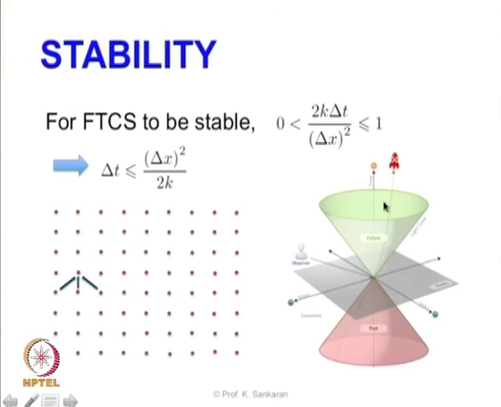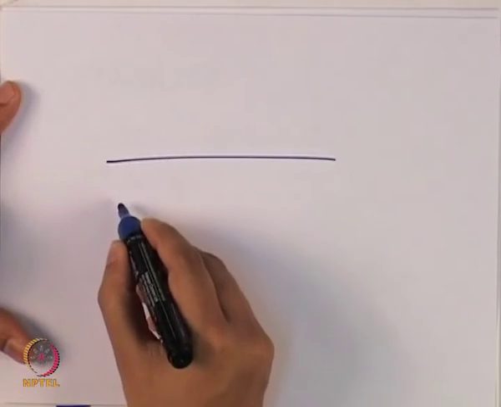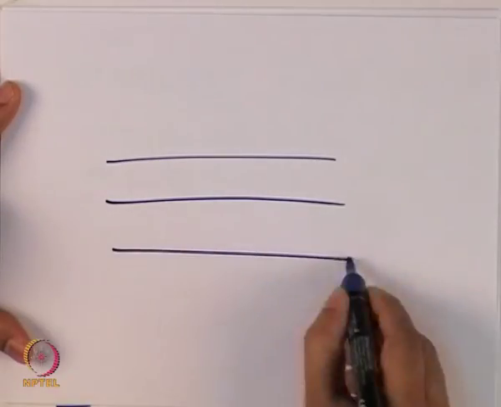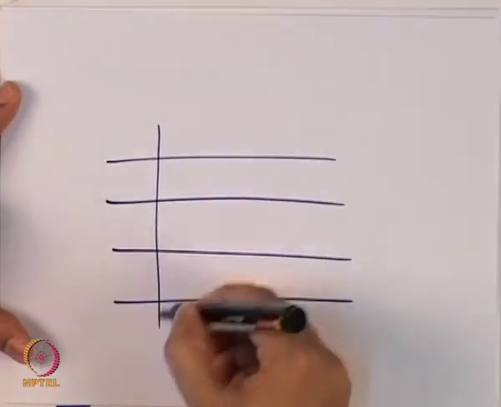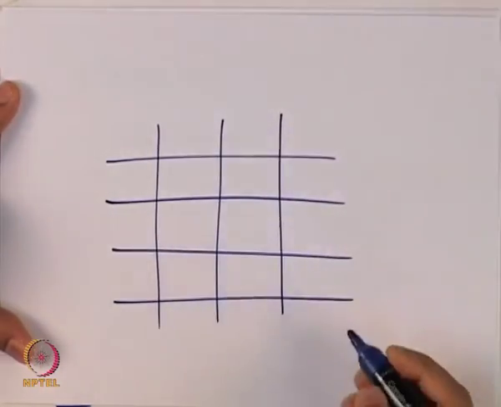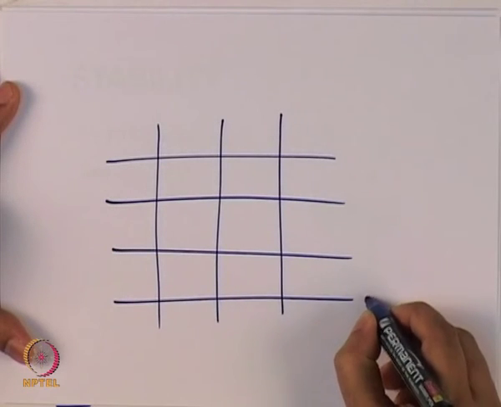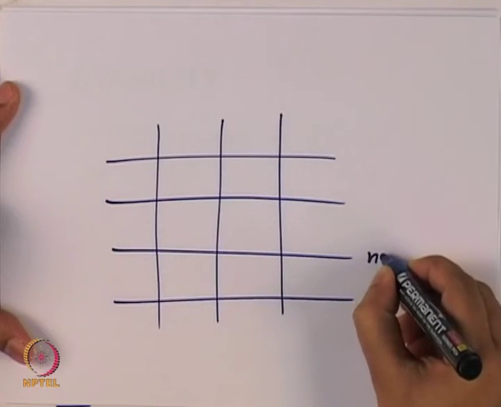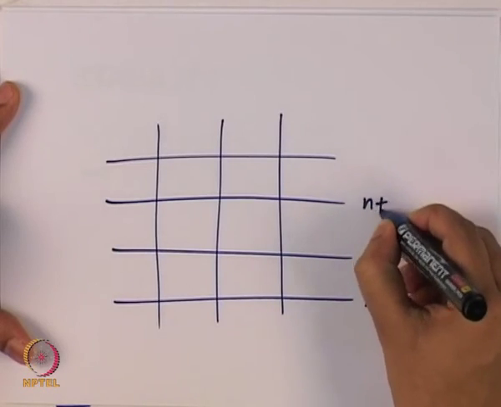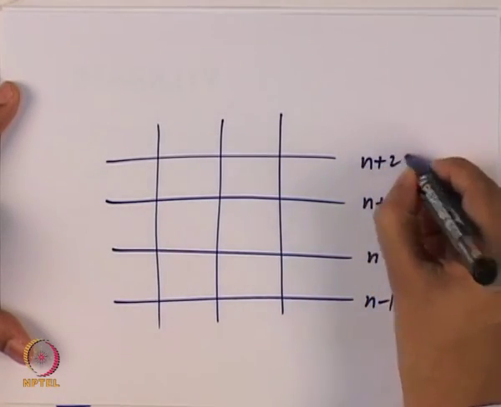So let's look at this in a much more simple form. What I wanted to say here is, you have a grid that is going to be in the space and time position like this. Let's say this is time n minus 1, time n plus 1, and time n plus 2, and so on and so forth.